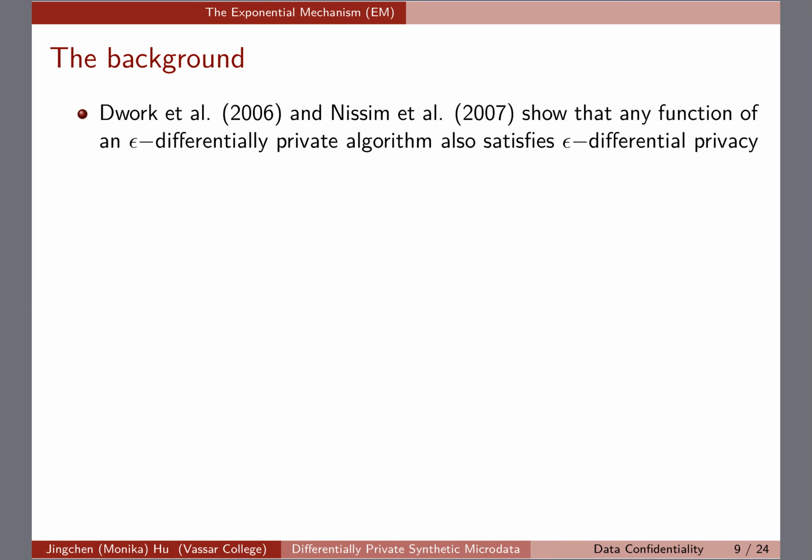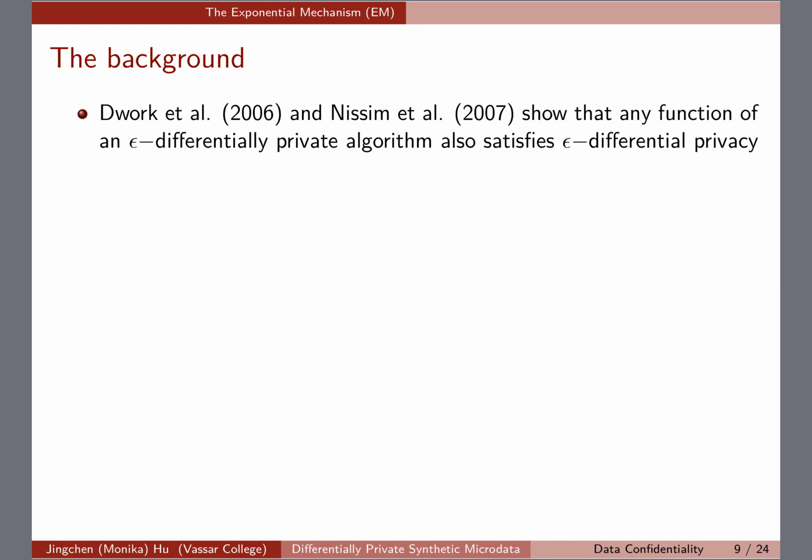This is actually one of the foundations that all of this work is based on, because imagine our goal is to generate differentially private synthetic data. If we are able to first generate differentially private parameters, then the sampling model, which at the end of the day is a function of the parameters, will also satisfy differential privacy.